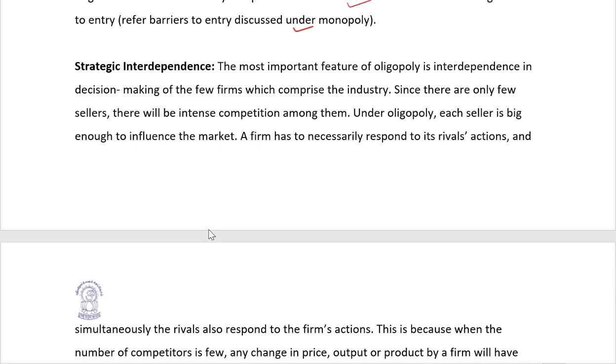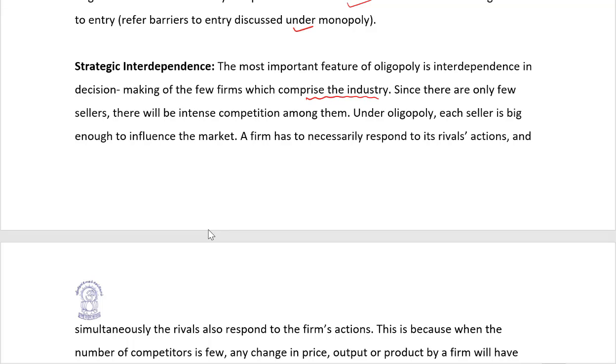Let us begin from here, and that talks about strategic interdependence. In an oligopoly market, strategically the different groups of sellers are interdependent upon each other. The most important feature of oligopoly is interdependence in decision making of the few firms which comprise the industry.